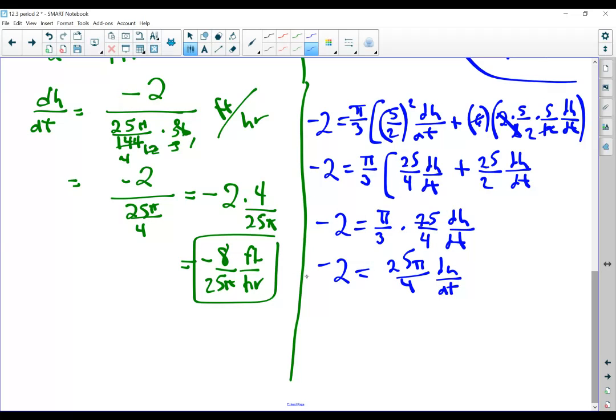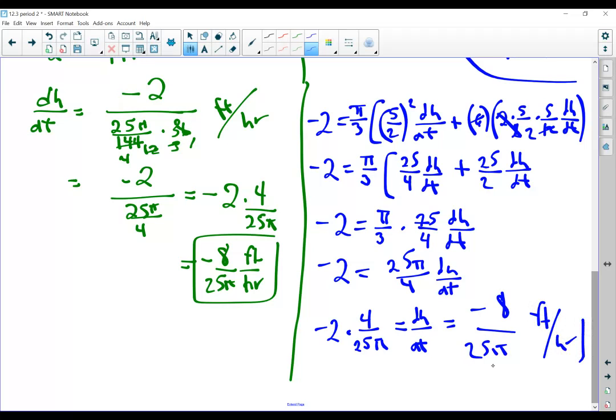And then I would divide both sides by that, and I get -2 times the reciprocal, because I don't divide by fractions, dh/dt. And look, guys, if I do it this way, I still get -8 over 25 pi feet per hour. So either way I do it, I end up getting the same result.